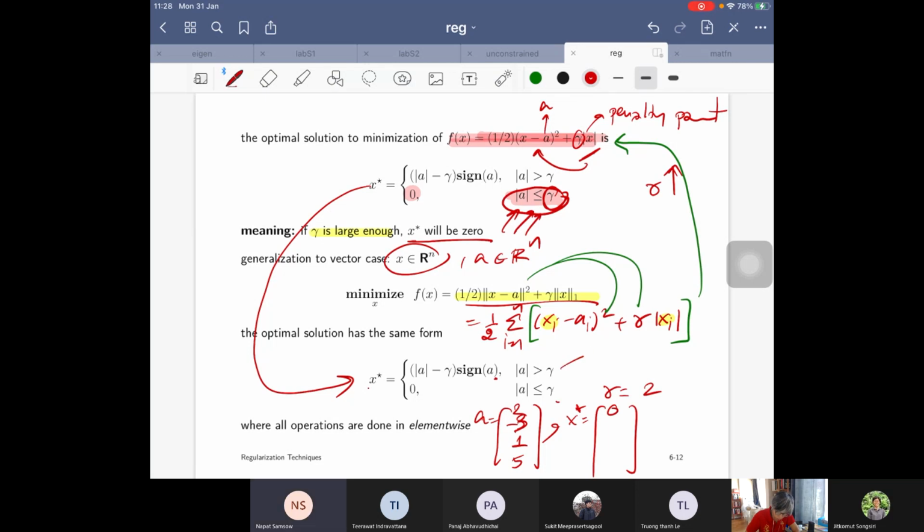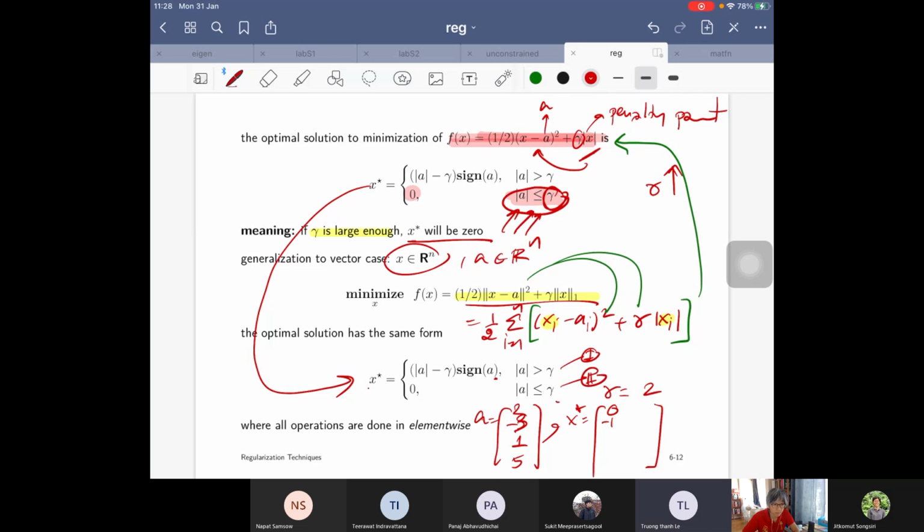Does it fall into the first condition or the second condition? The first condition. And the value is? Minus 1. Is it minus 1? Yes. Okay. The third entry, Trung. The second one, Asha.